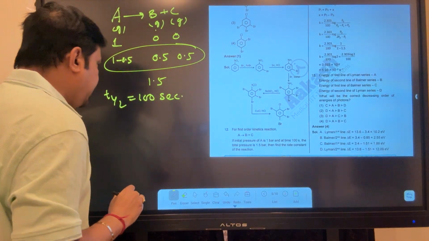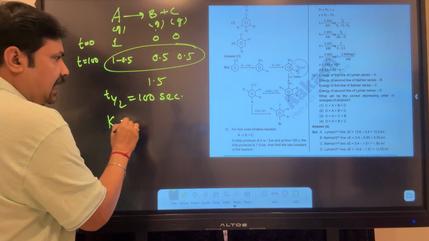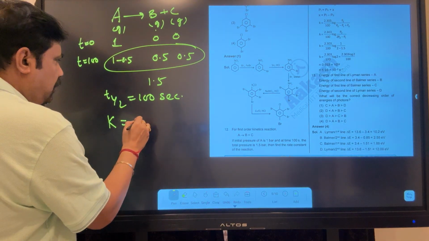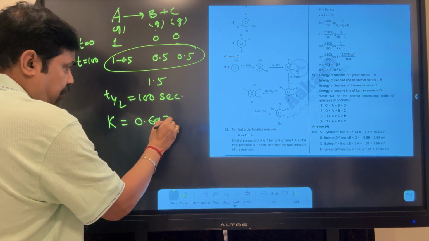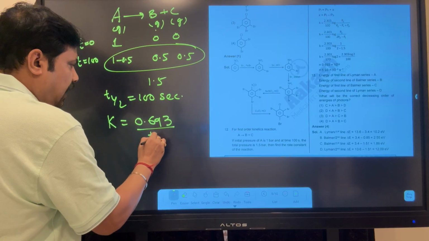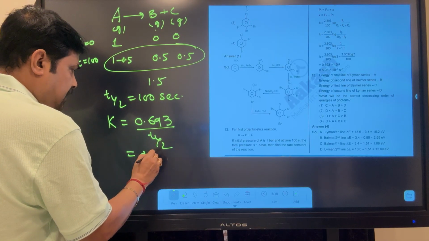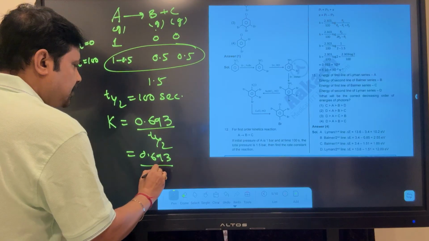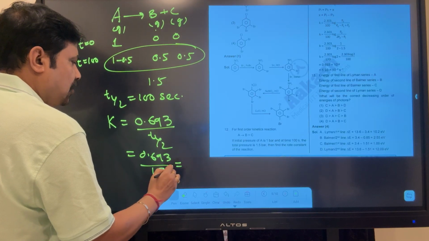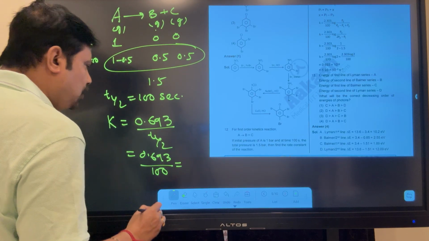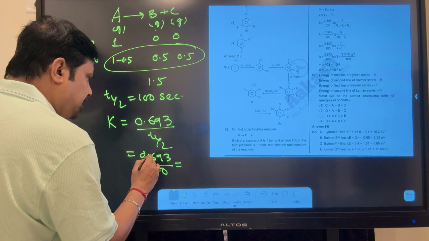Then k, since they are asking the rate constant, for first order kinetics k equals 0.693 by t half, so 0.693 by 100.